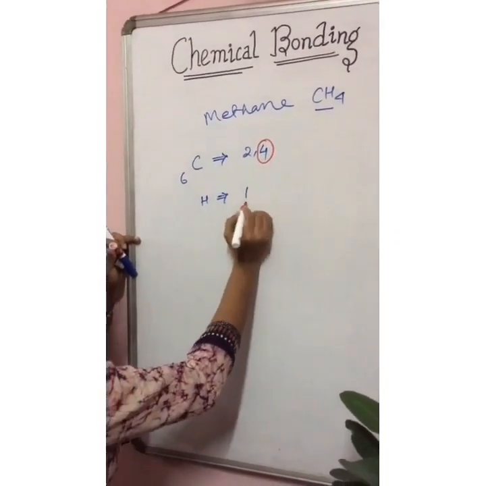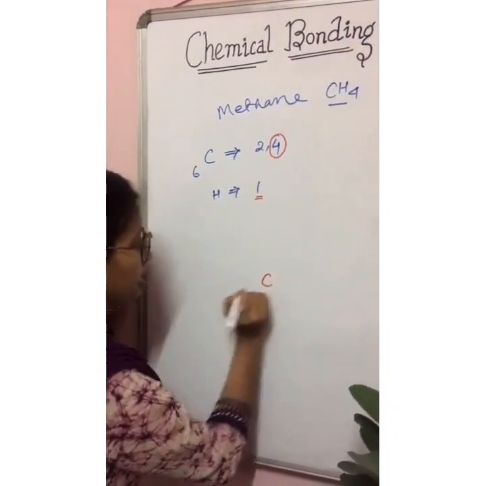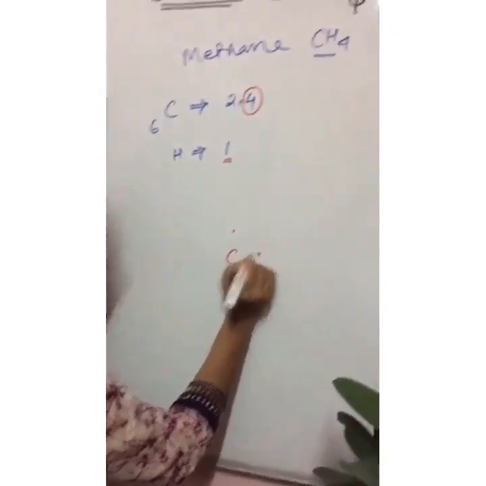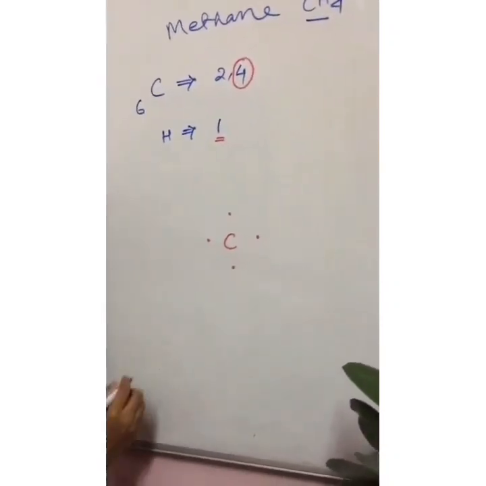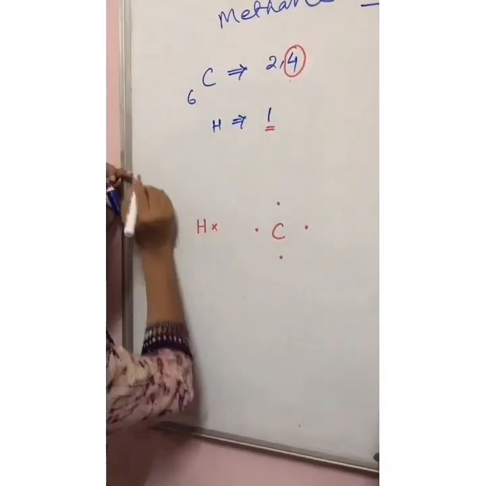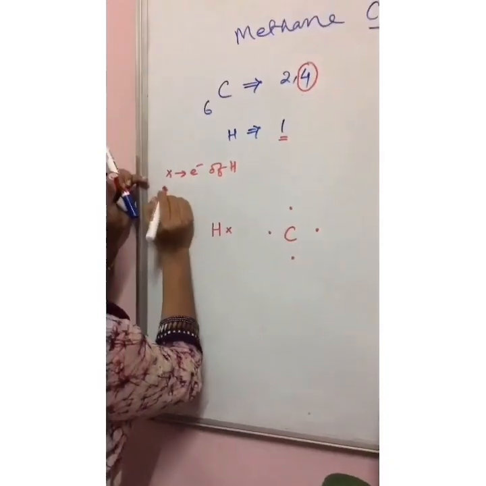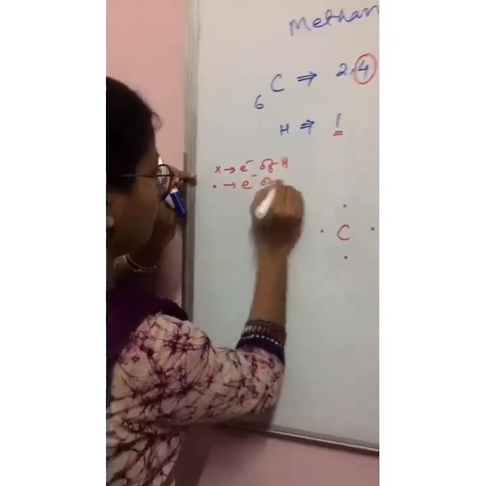Hydrogen has 1 electron, it requires 1 more electron. Okay, now we draw carbon in the center with 4 electrons on 4 sides. Okay, and then hydrogen we draw here. This cross symbolizes electron of hydrogen and this dot symbolizes electron of carbon.